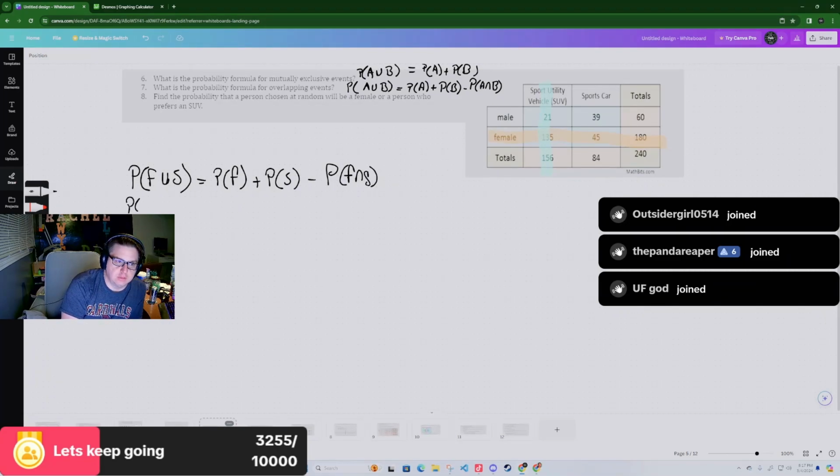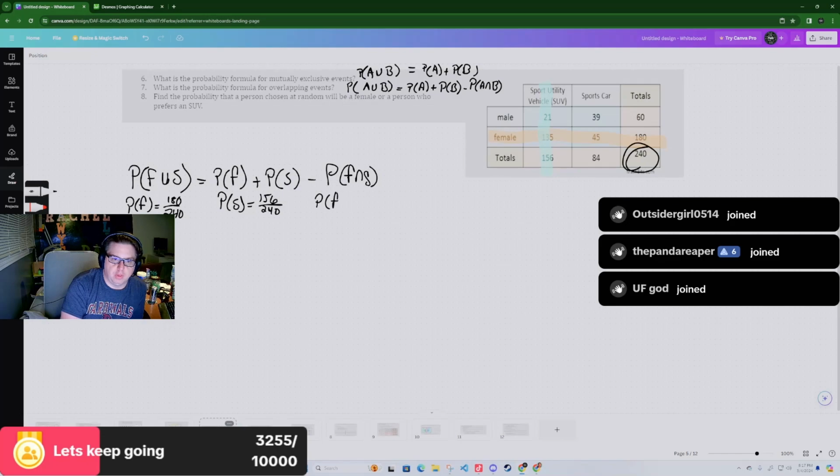So the females, we're going to do the total females, which is 180, out of our grand total, which is 240. This grand total is used every single time except when we're doing conditional probability. So that's where our condition comes into play. But for the rest of them, you just use 240. The probability of an SUV is 156 over 240.